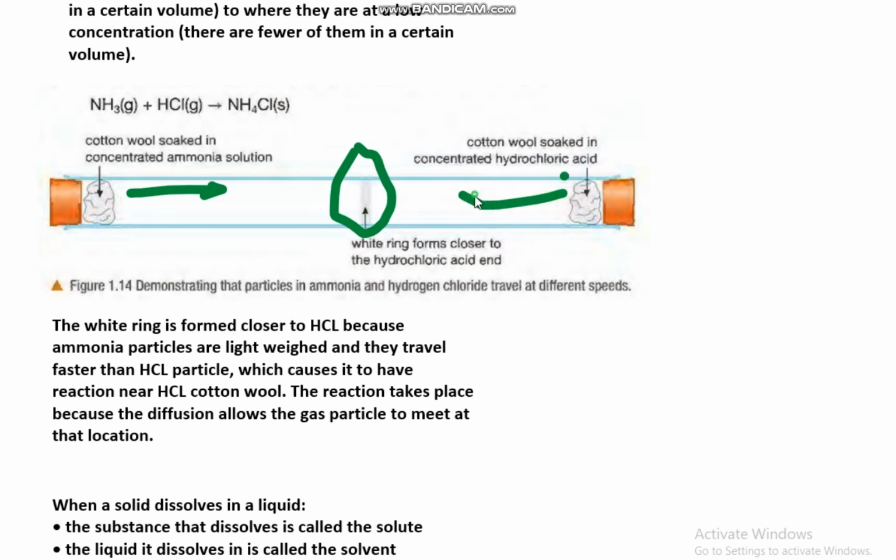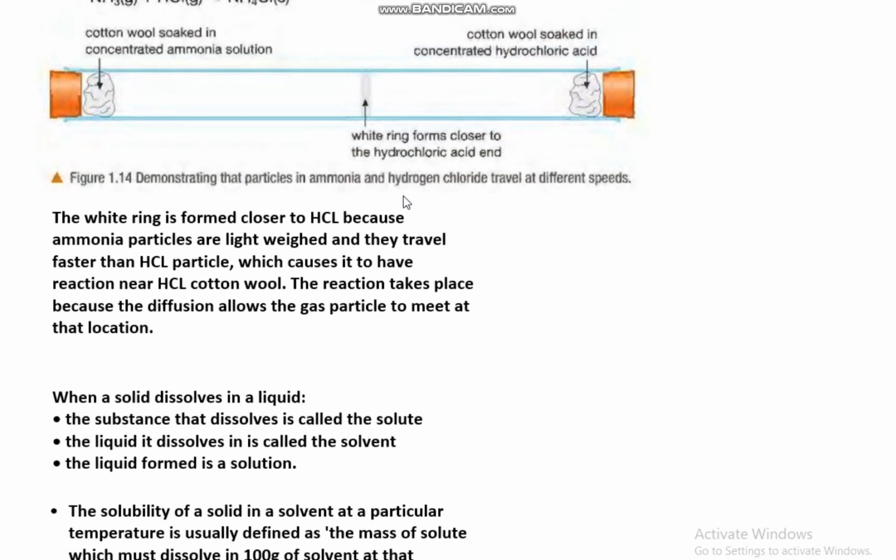In the same period of time, the hydrochloric acid travels less distance than the ammonia solution, because ammonia is lighter and quicker than hydrochloric acid, which causes the reaction to take place closer to hydrochloric acid. This shows that ammonia particles are lighter and faster. And this is a small example of diffusion in a small experiment.